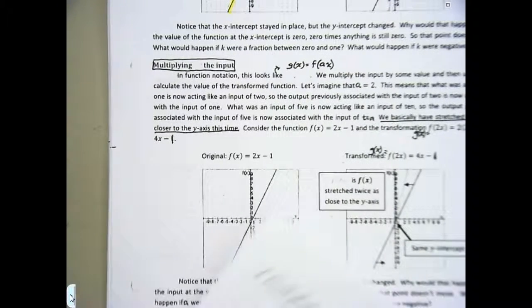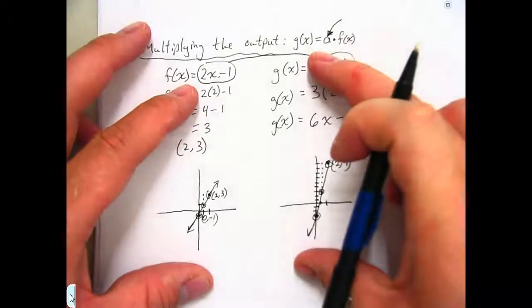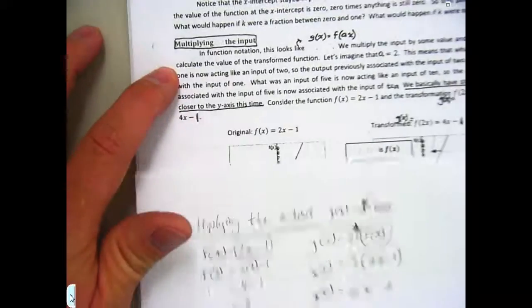All right, well, let's talk about multiplying by the input. If multiplying by the output stretches vertically, what's multiplying by the input going to do? Stretch horizontally. Okay, so the next piece, multiplying by the input.